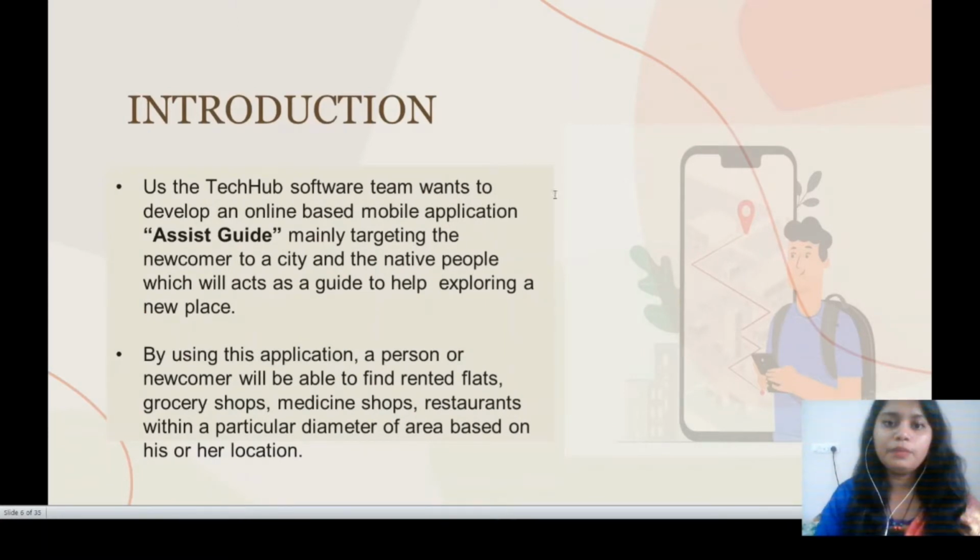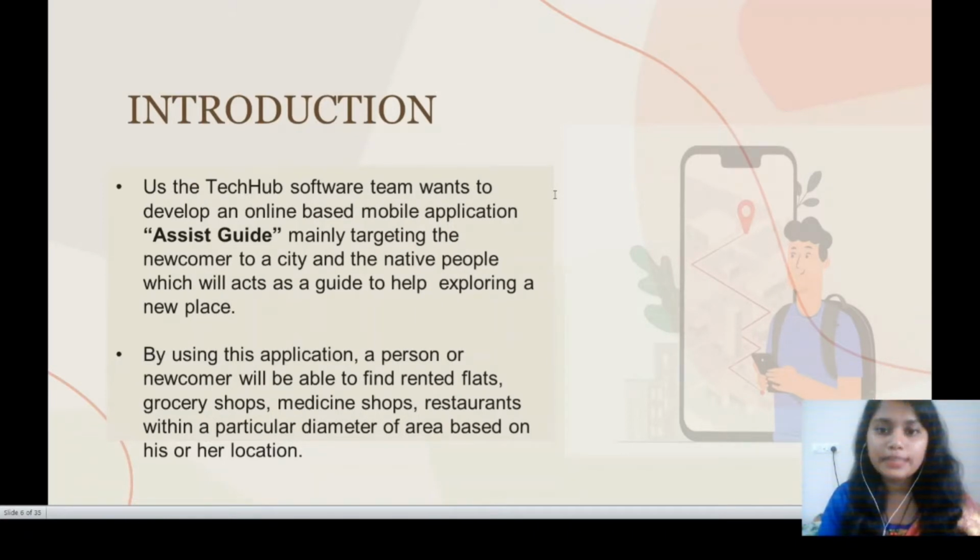When people plan to visit somewhere, they want to see a preview of the location as well as learn more about it. So the Tech Hub software team wants to develop an online-based mobile application, the Assist Guide, mainly targeting the newcomer to a city and the native people, which will act as a guide to help exploring a new place.